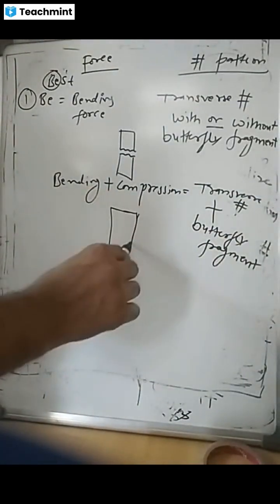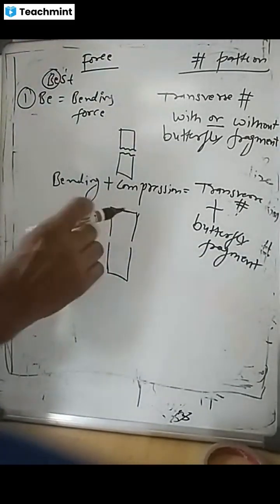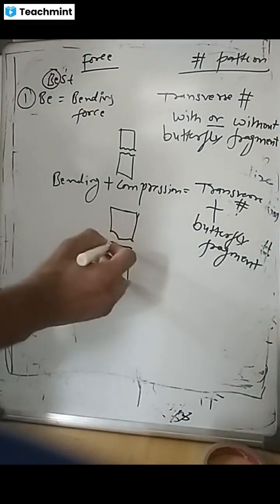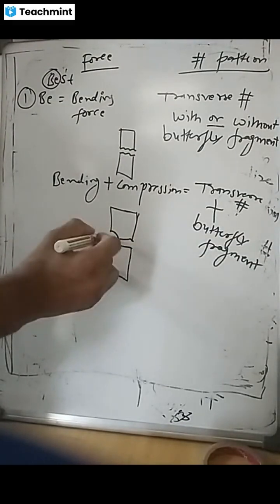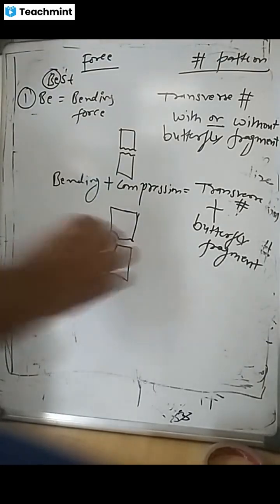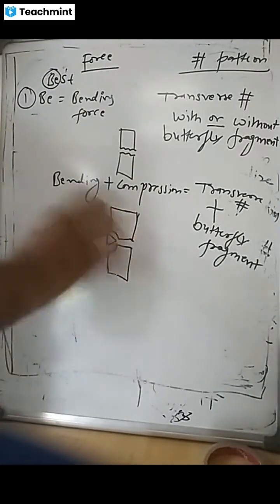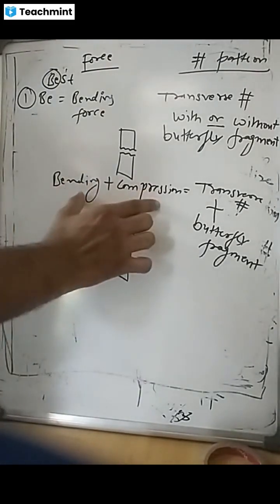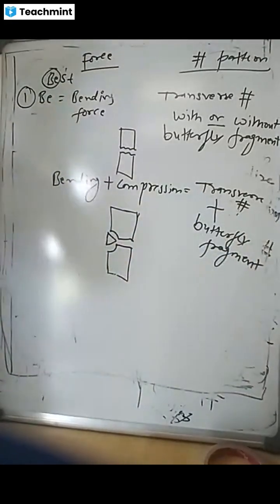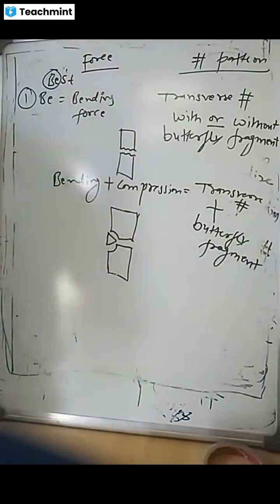Suppose the fracture is transverse, but here one fragment is separated. This is called a butterfly fracture. When bending plus compression both forces act, it is a transverse fracture with butterfly fragment. If only bending force, there is no butterfly fragment.